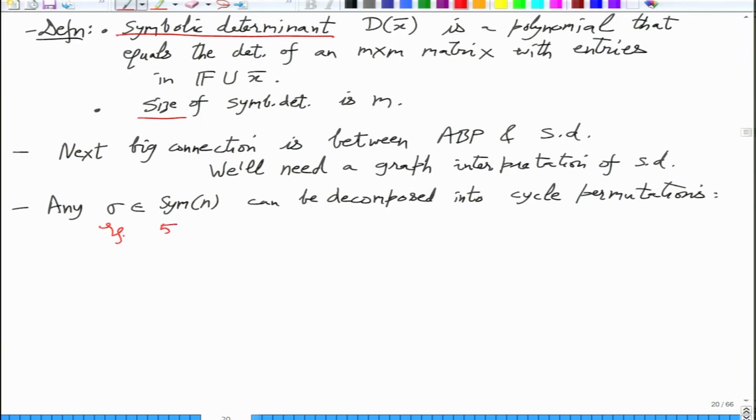So suppose you send 1, 2, 3, 4, 5 to, let me make it ordered, 1, 3, 2, 5, 4. So 1 is mapped to 1, 2 to 3, 3 to 2, and so on. So what is the cyclic decomposition of this permutation?